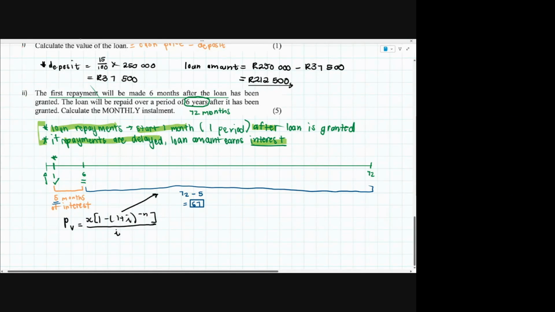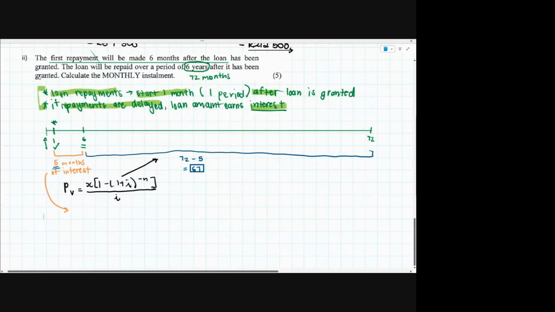But we first need to go and calculate how much we're going to repay with these 5 months worth of interest. Now, guys, because there's no repayments, there's no deposits, nothing weird is happening, you are quite literally just using your basic compound interest formula. So our loan amount, and this is again why it's important that you subtract your deposit, you only owe 212,500 Rand. You don't owe that initial 250,000 Rand.